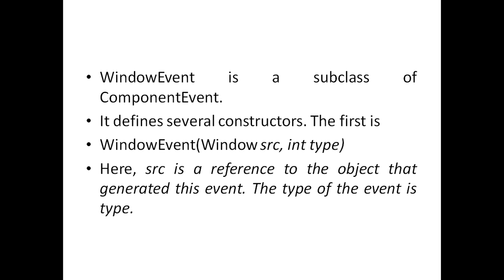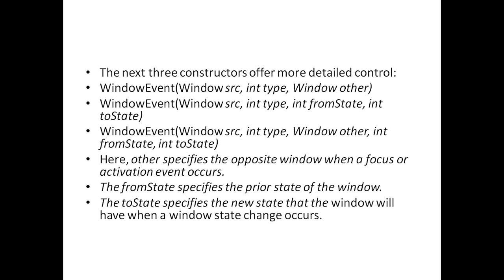It defines several constructors. Out of that, one is WindowEvent, which takes two parameters. First one is source, which is a reference to the object that generated this event, and other is type, which specifies the type of event. Then other three types of constructors specify the parameters as other, then fromState and toState.